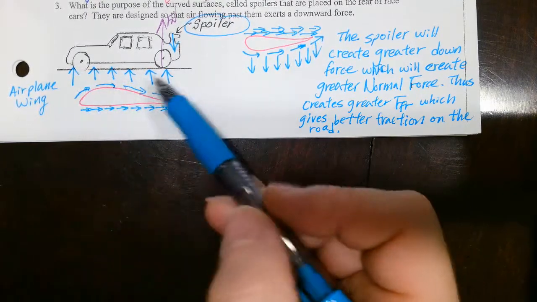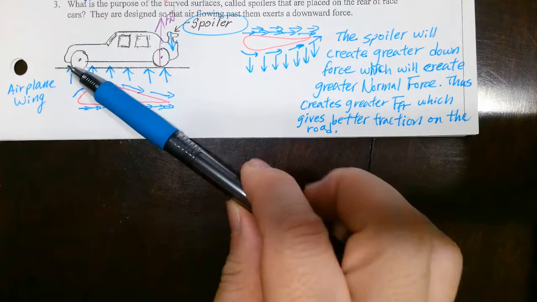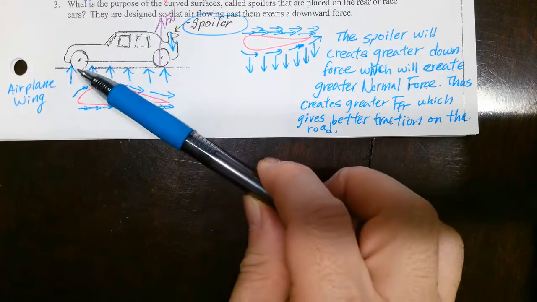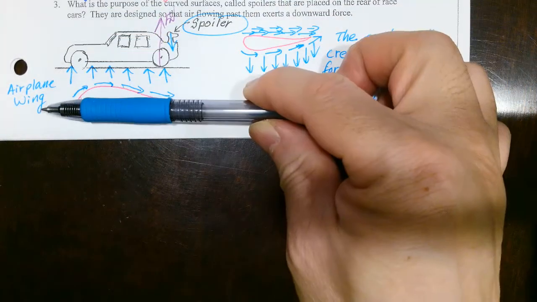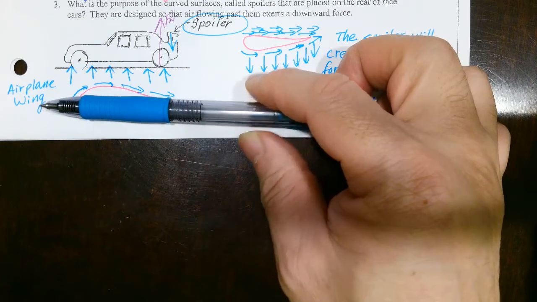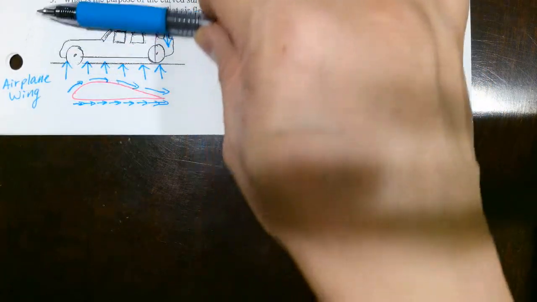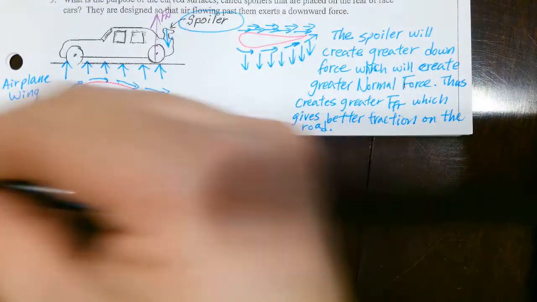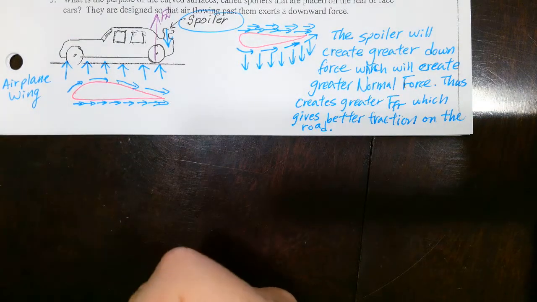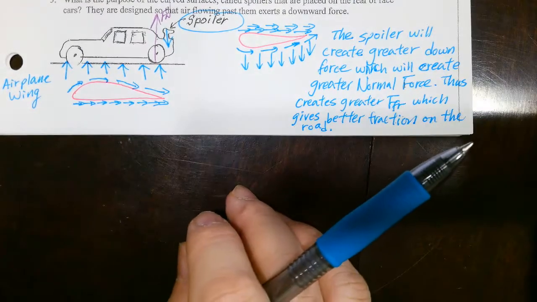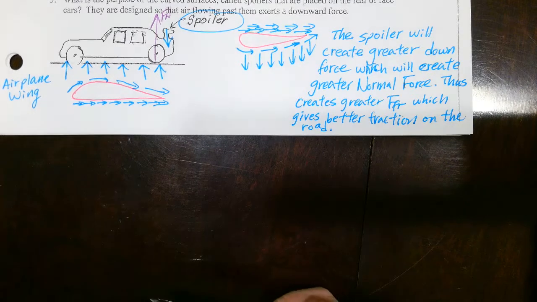If you go 160 miles per hour in a Formula One car, it's designed to create so much downforce that you could actually drive up the side of the wall and onto the ceiling without falling off. That's how much downforce these spoilers can create.